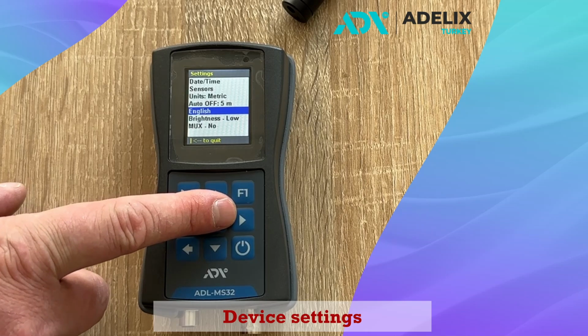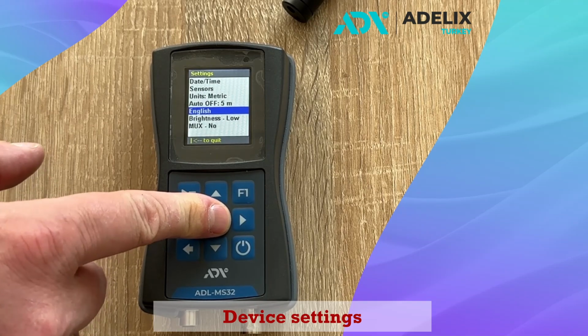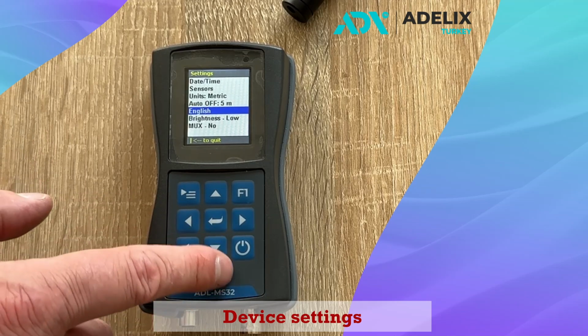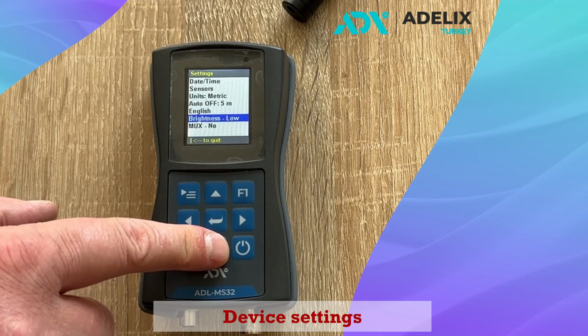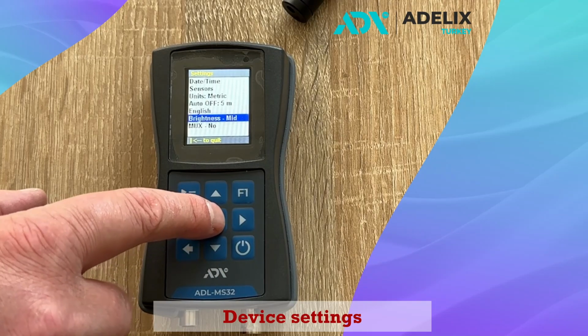Selecting the device language: English, Russian, French. Brightness adjustment for the device is available in 3 modes.